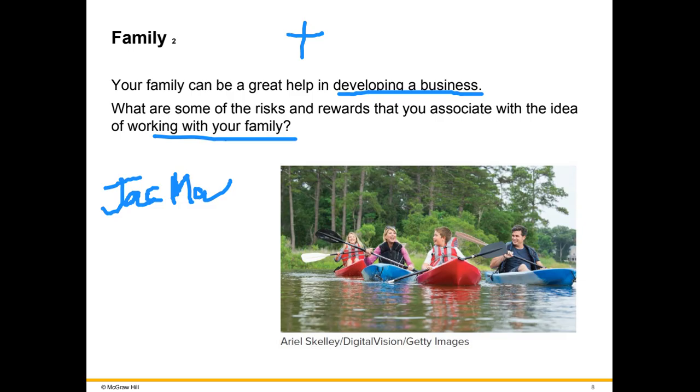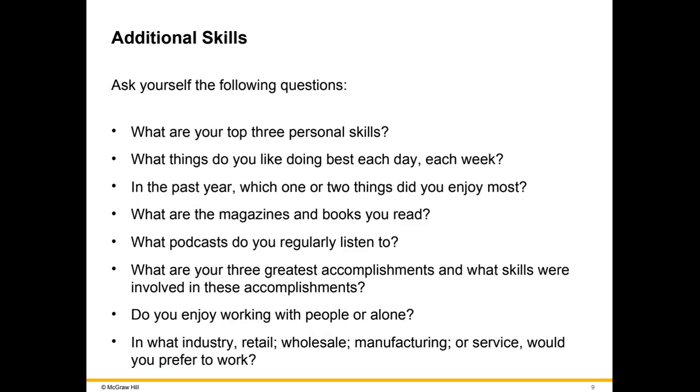Okay, additional skills that you should be looking for. You should ask yourself these questions. First one, what are your top 3% skills? Sometimes there can be someone who is very good in public speaking, and they should look at what kind of businesses they can go into.